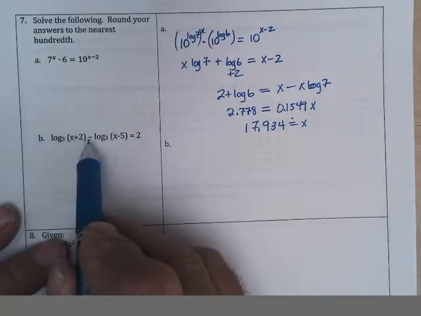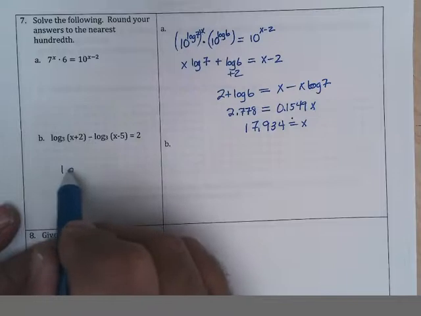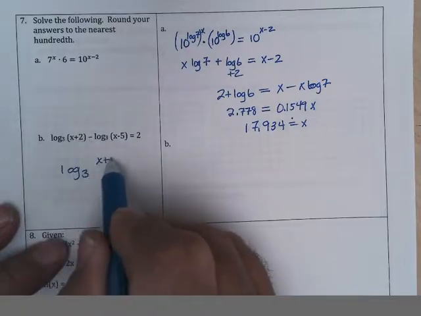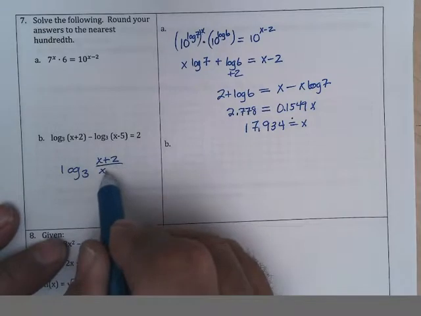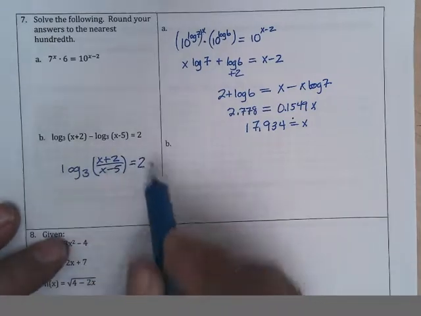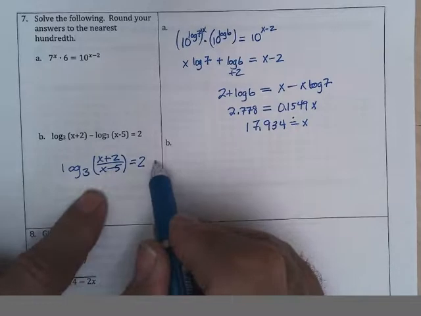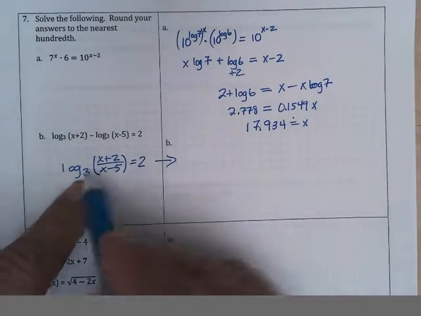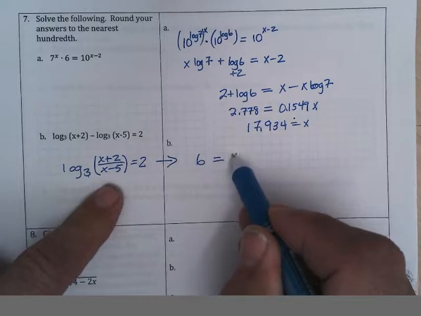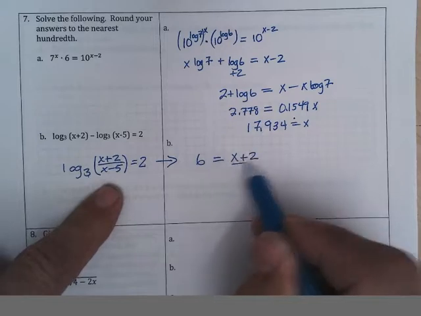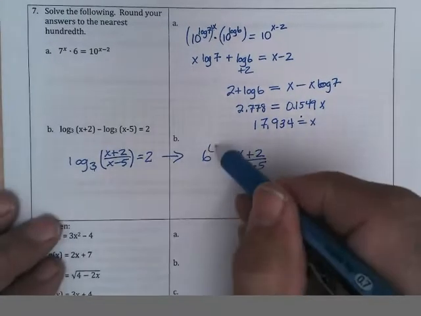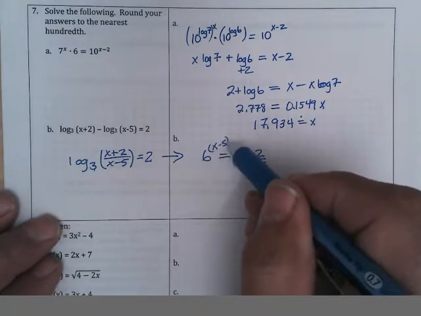When we subtract, we divide, so we have log base 3 of x plus 2 divided by x minus 5 equals 2. Changing it to a power equation, 3 to the 2, 9, equals x plus 2 over x minus 5. Multiply both sides by x minus 5.